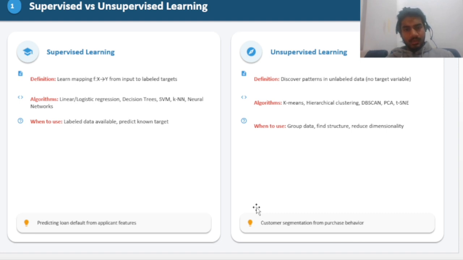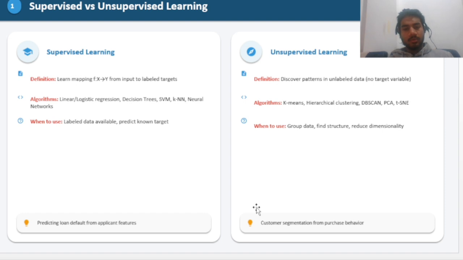Its uses are customer segmentation, anomaly detection, market basket analysis, etc. In simple terms, supervised equals learning with answers and unsupervised equals learning patterns without answers. So this is all about question number 1.